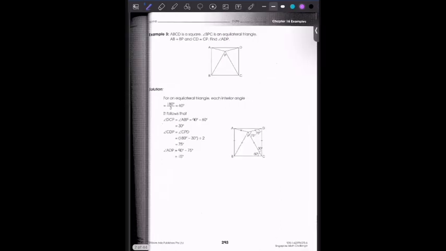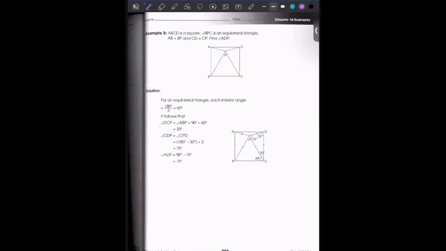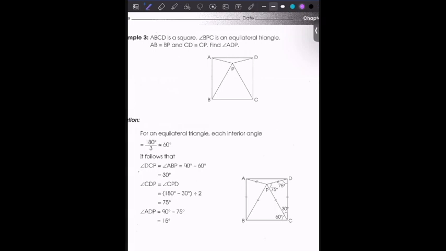Now let's take a look at the next example. Example 3 says ABCD is a square. Triangle BPC is an equilateral triangle. So it's an equilateral triangle, so all three sides are going to be identical, and all three angles are going to be identical.